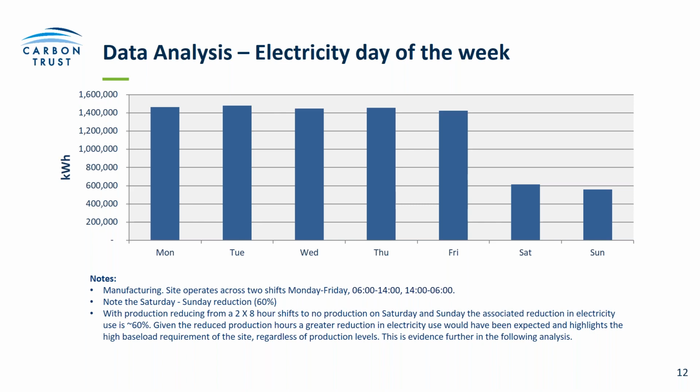Again, you're still looking at the weekend consumption just to further iterate that out of hours consumption and try to understand what's going on at the site that's causing that continuous consumption.